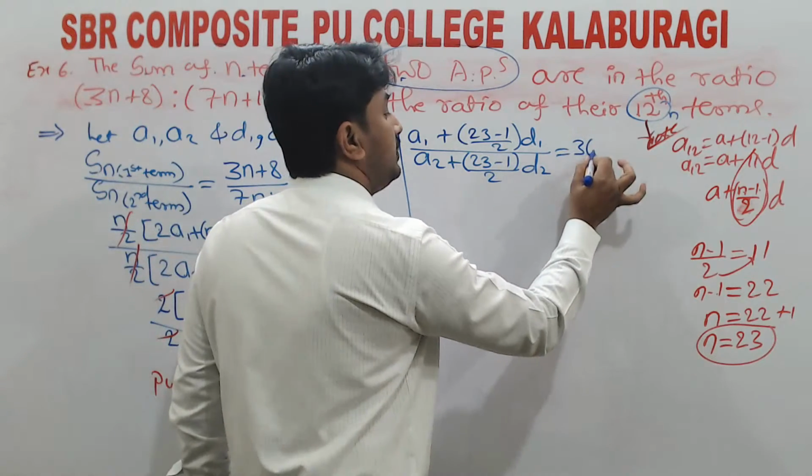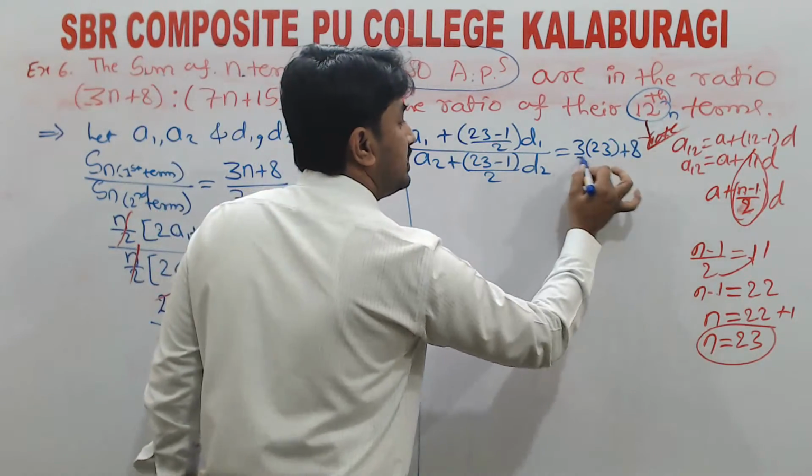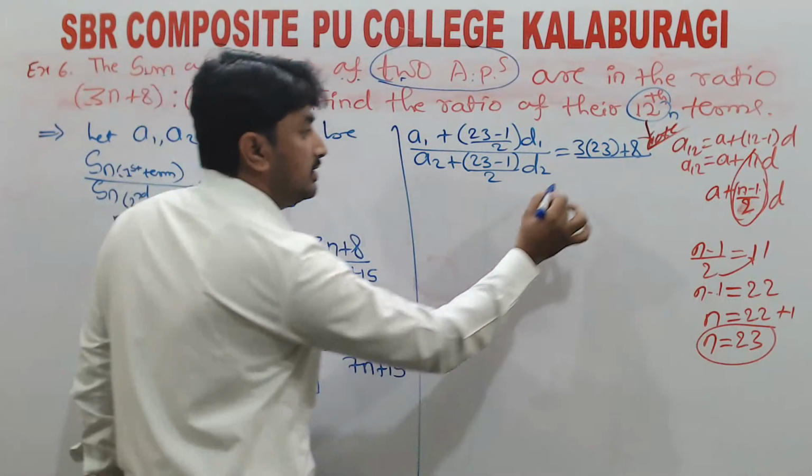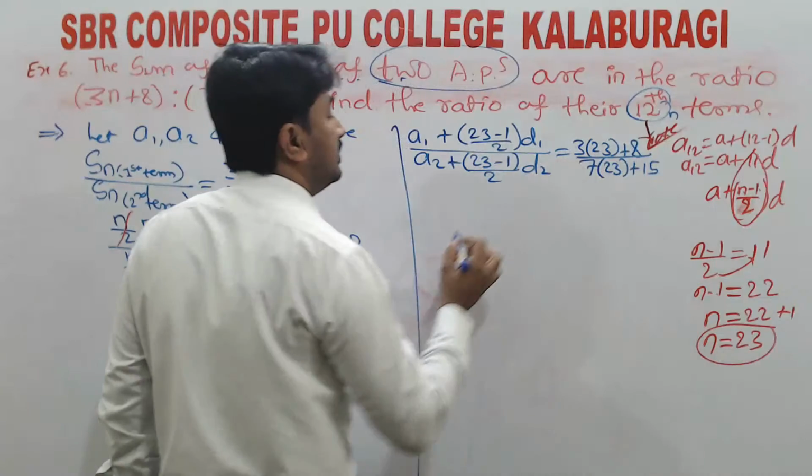Here 3 into 23 plus 8 is there, divided by 7 into 23 plus 15.